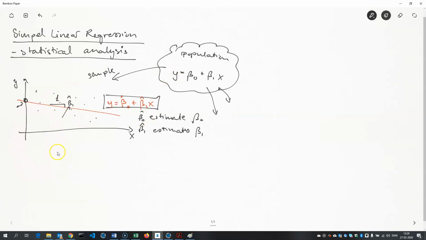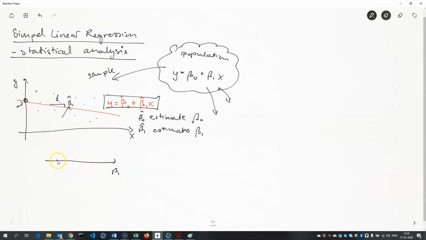So the thing is, they have a distribution. So let's just assume that we did this experiment, this sampling, over and over again, and every time we computed beta naught and beta 1 using the method of least squares. And let's just use beta 1 as an example.